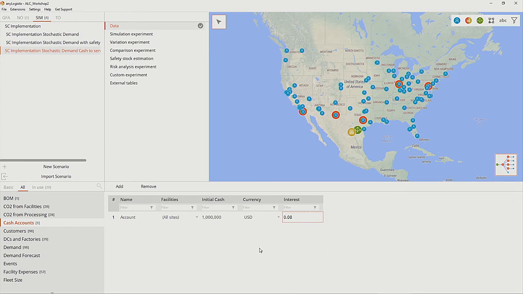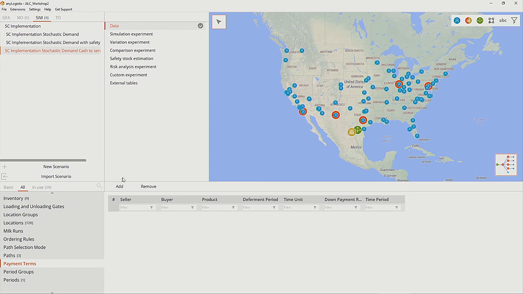So that is our account, and we also have to define payment terms. And again, each pair of seller and buyer can have their own payment terms.